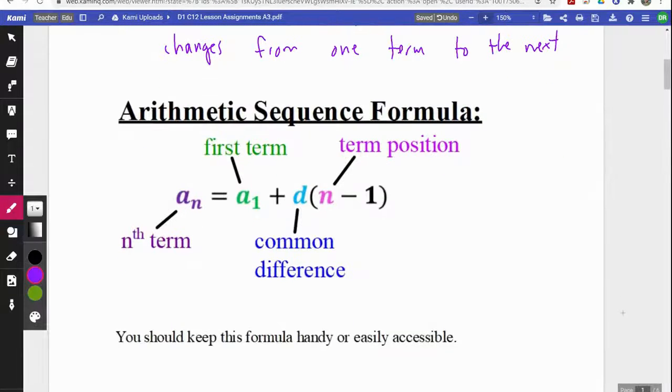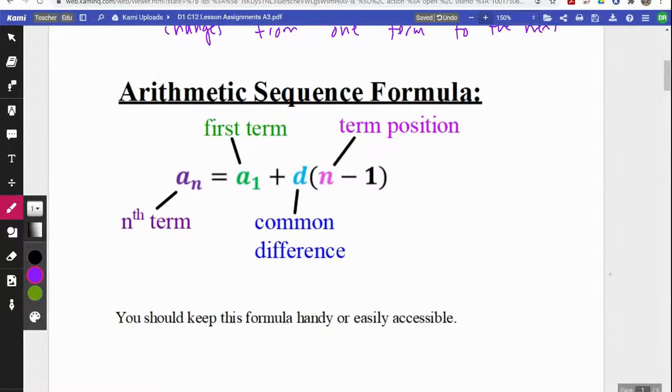And so here's a formula that we could use as an explicit formula. You should copy this down, have it handy. This formula allows us to find any term in a sequence if we know enough information. And so we have some notation here, and it can be sometimes confusing, but these little subscripts here, 1 and n, they just tell us which term we're talking about. So a sub 1 would be the first term.